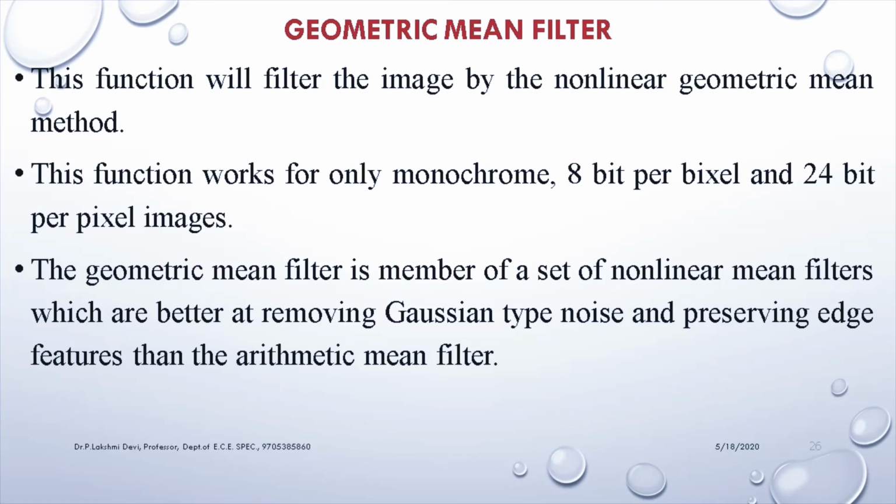It works only for monochrome 8-bit per pixel and 24-bit per pixel images, based on the pixel depth. The geometric mean filter is a member of a set of nonlinear mean filters that are better at removing Gaussian type noise. We prefer it for removing Gaussian noise and preserving edge features, and the smoothness is less compared to the arithmetic mean filter.